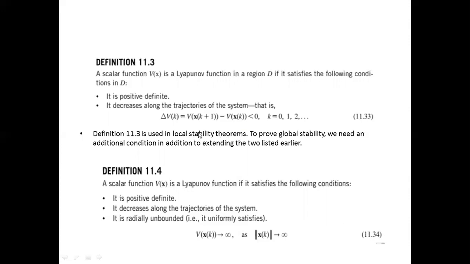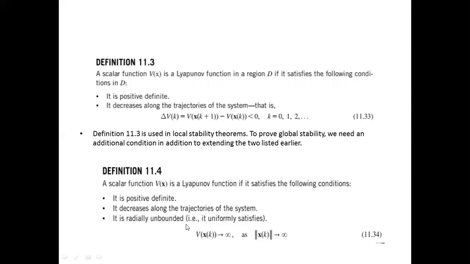But this is a local stability. But you need to know the global stability theorem. For that case, you need to add an extra point here. See, these two are the same for a global stability. This is for local stability. For global stability, you need an extra condition, which is that it is radially unbounded.